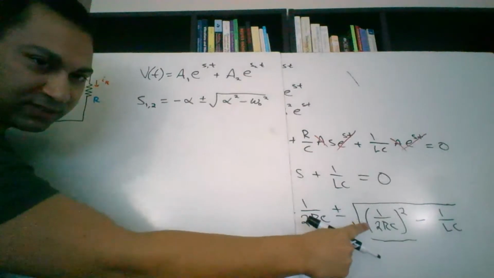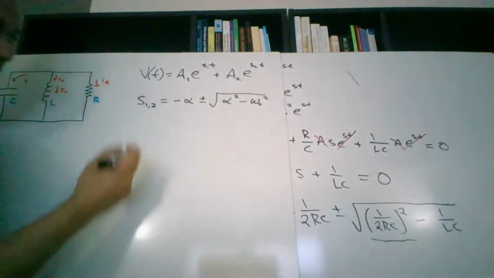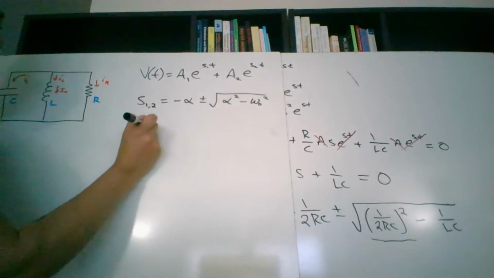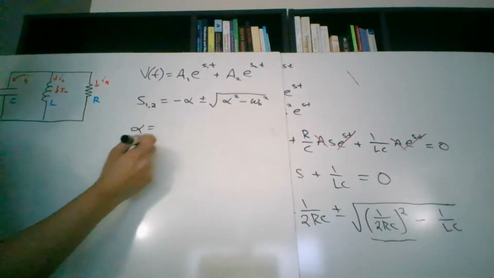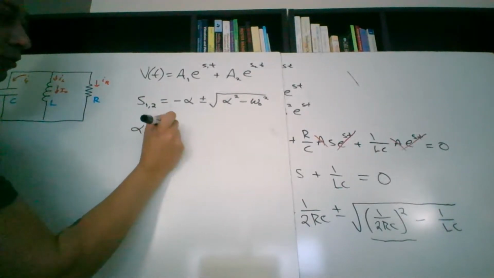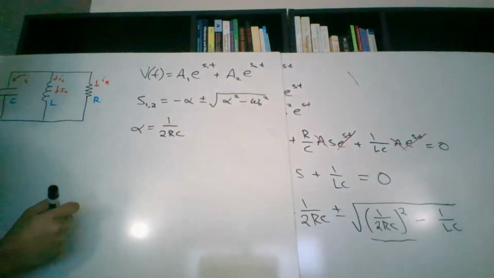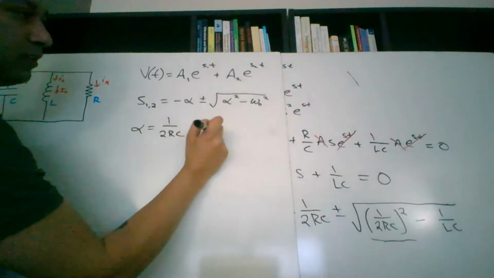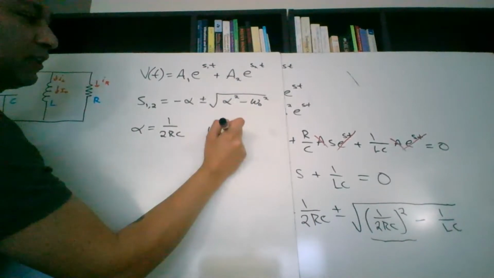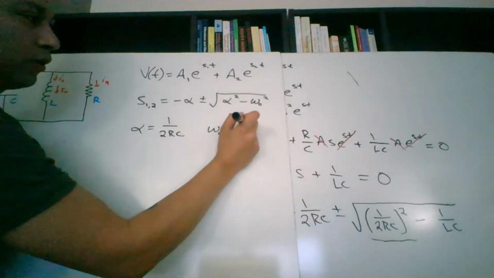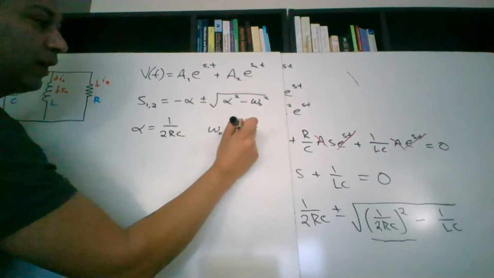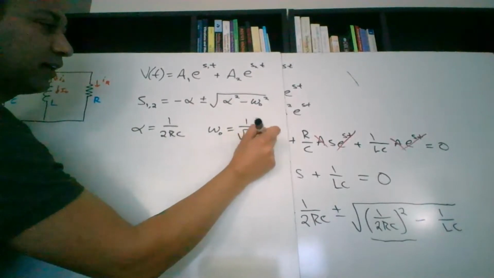If you can see the substitution I've done, alpha is really just 1 over 2RC, and omega naught is going to equal 1 over the square root of L times C.